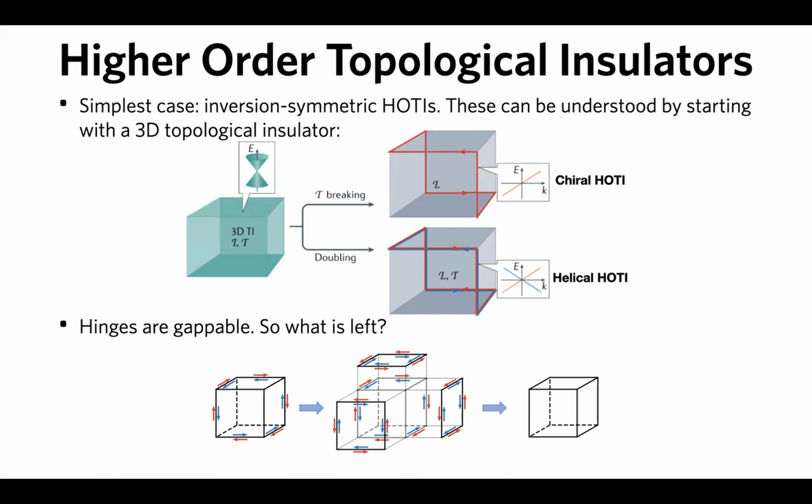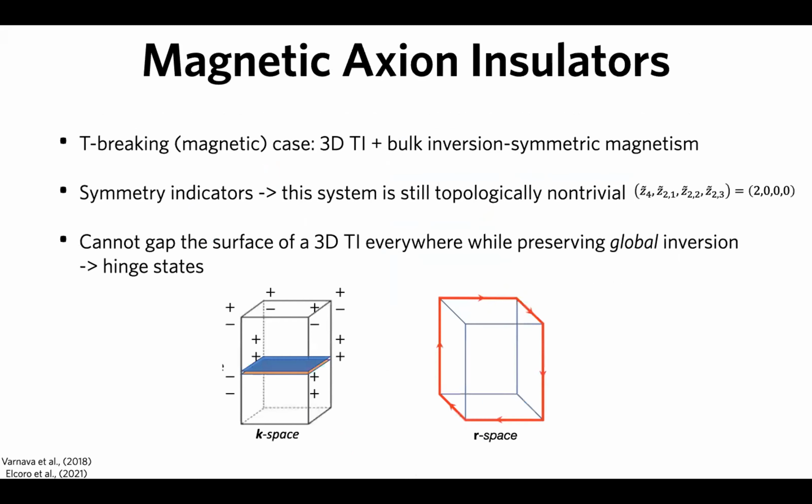These systems can be understood by starting with a 3-dimensional topological insulator with inversion and time reversal symmetry, and either breaking time reversal symmetry while preserving inversion, so some bulk antiferromagnetism, for instance, or by doubling the band structure of the system, or if you'd like, having a double band inversion instead of a single band inversion, while preserving both symmetries. So we want to ask what's going on in the bulk of these systems that distinguishes them from trivial insulators. I'll start with this time reversal breaking case because we understand it pretty well.